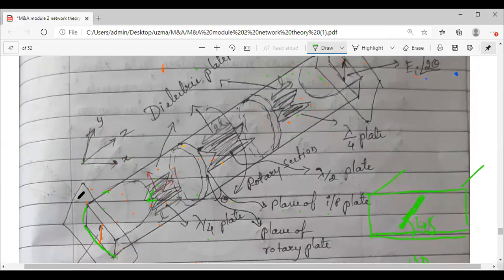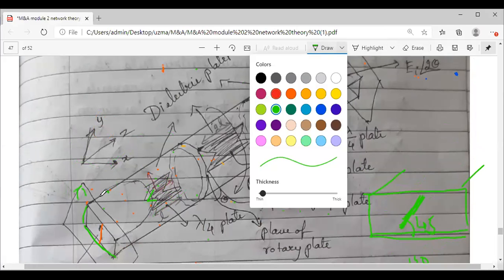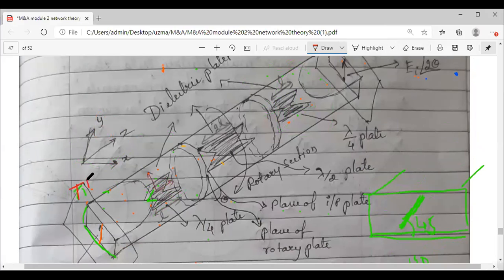From the incident part, let me take a different color so that it is visible to you. TE10 will enter because it is a rectangular waveguide. After the transition region, when it passes through the transition region, it will reach a circular section. The circular section's length is this much.